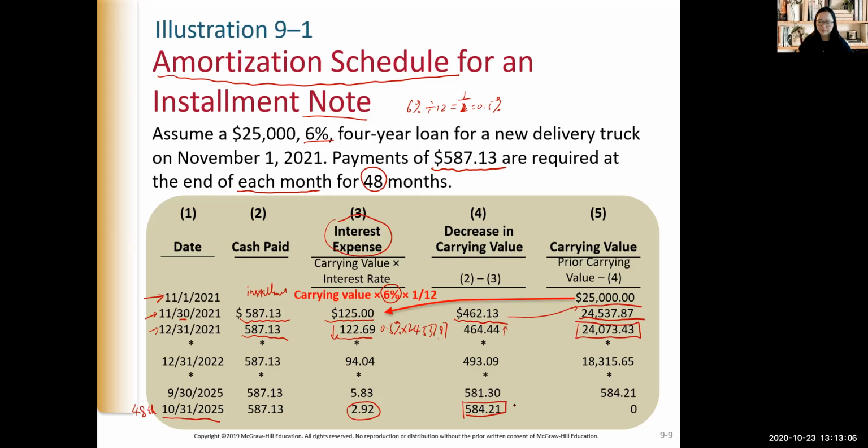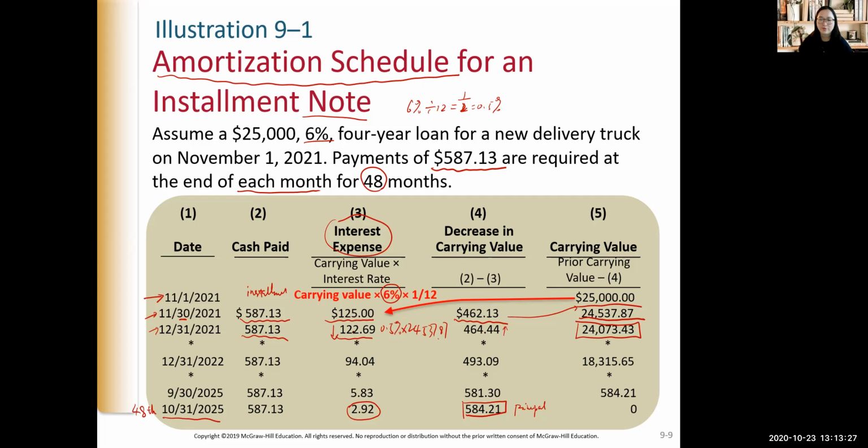the majority goes to the principal, right? You might have heard your parents say that when buying a house, at the beginning of the mortgage, a lot of the money is not going towards the principal. The amount that they borrowed is actually going to the interest, right? That's exactly true.